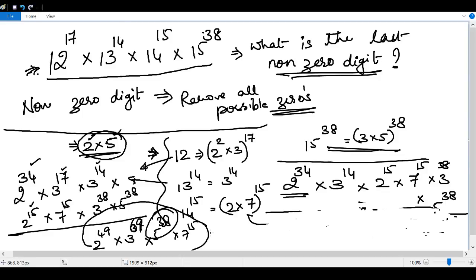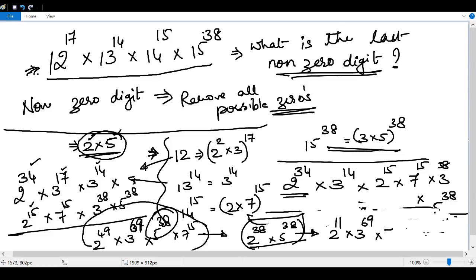Yes, 38 2s and 38 5s generate 38 zeros. Everything else will generate only the non-zero part. The non-zero part is generated by the leftover 11 2s, the 69 3s and the 15 7s.